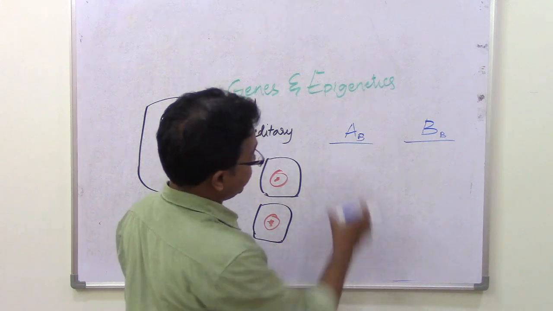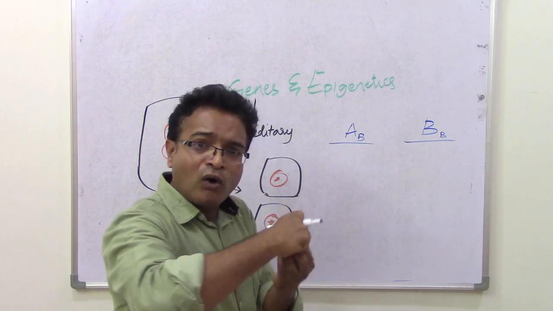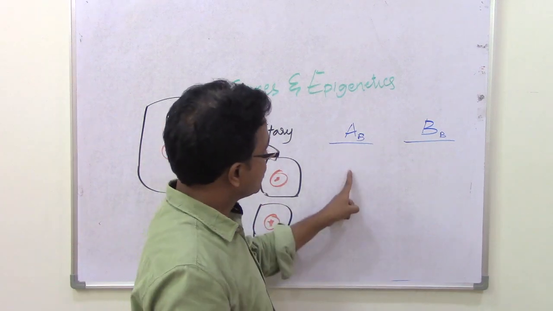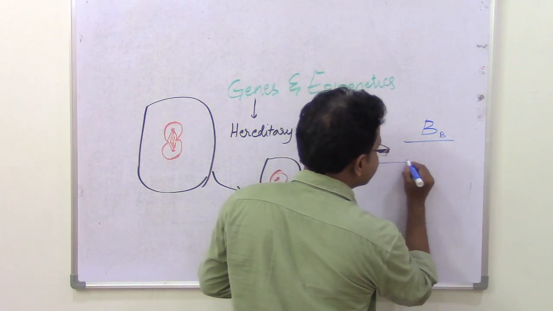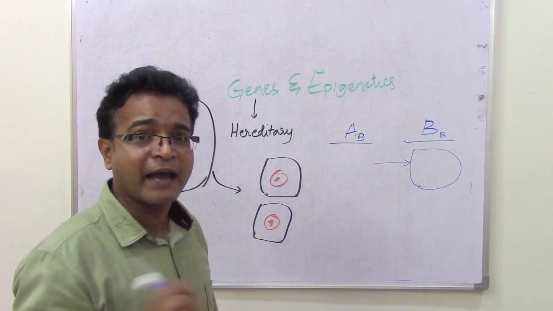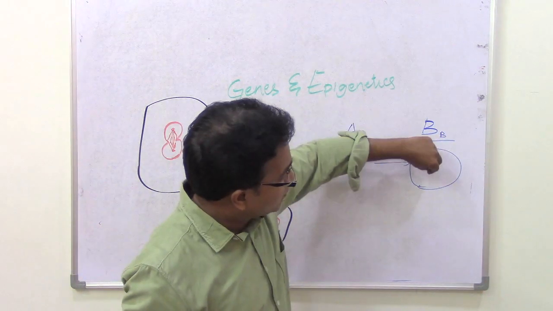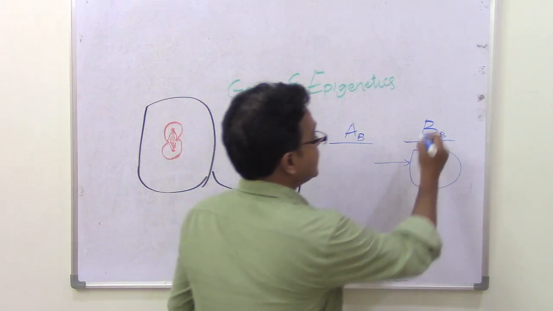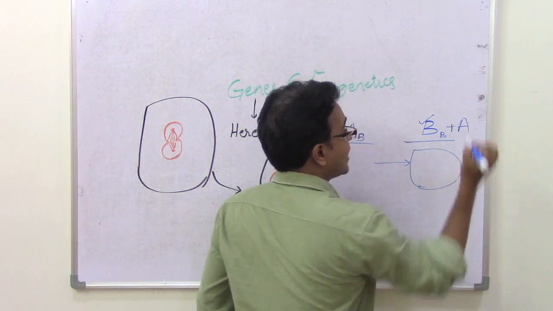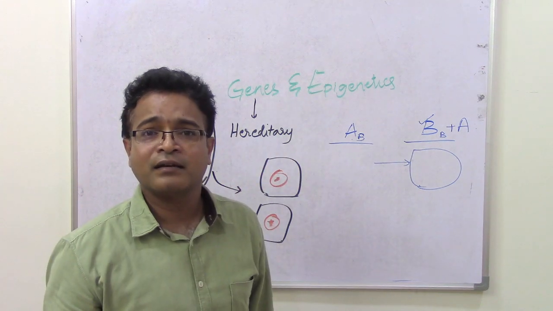From bacteria A, they removed all the DNA, extracted pure DNA, and injected it into a culture of species B bacteria. Over a period of time, slowly B started exhibiting the characteristics or traits of A.